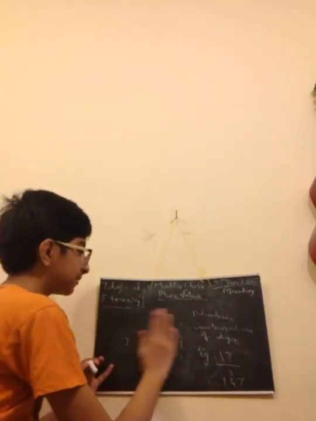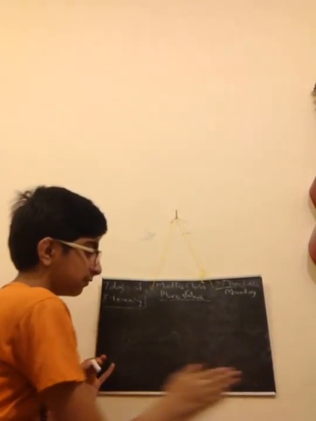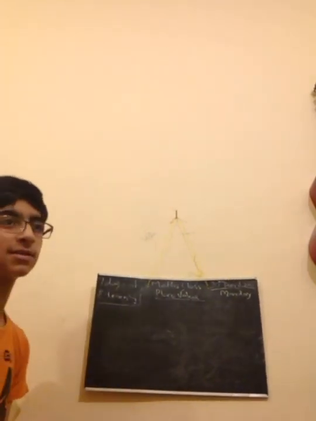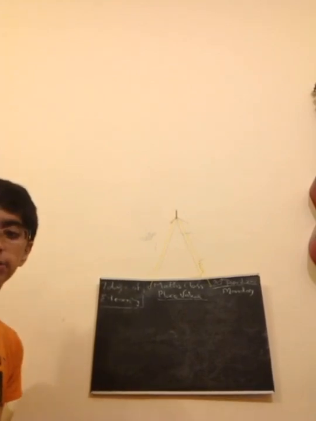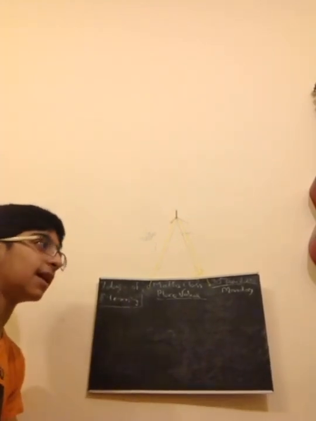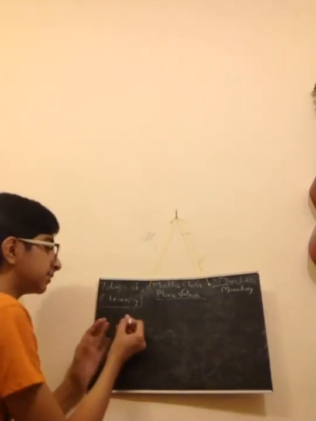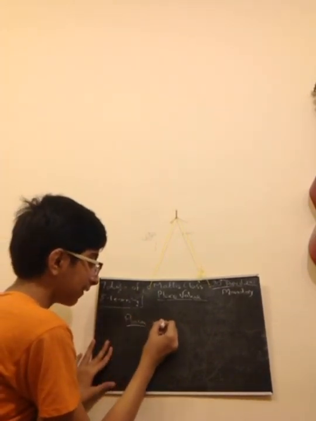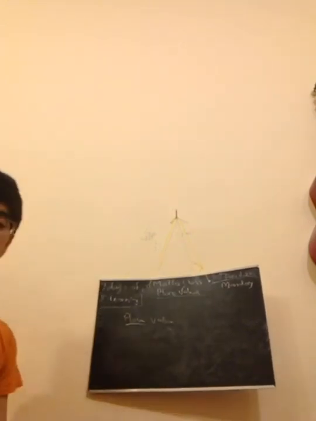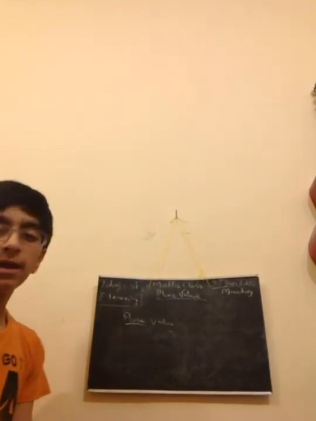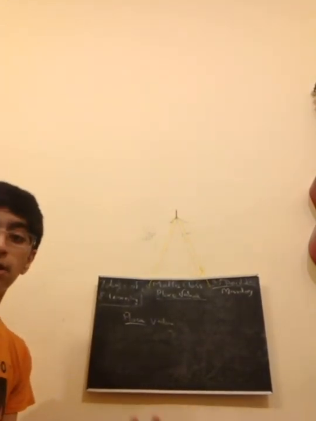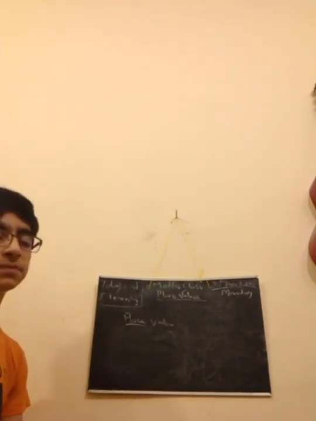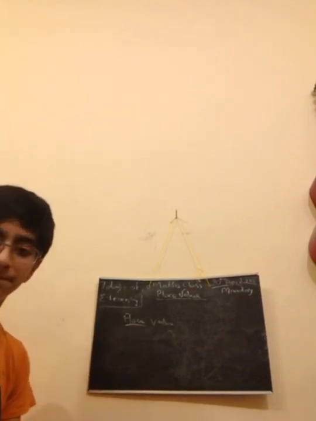Now, let's proceed to place value. First, to understand place value, we should know what place value actually is. Place value is, as I had told you, the value of a digit in a specific number according to its position in that number.